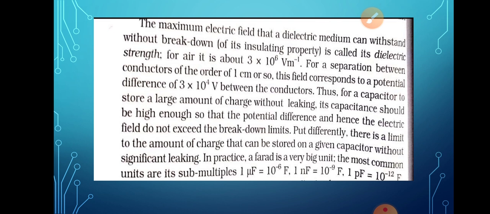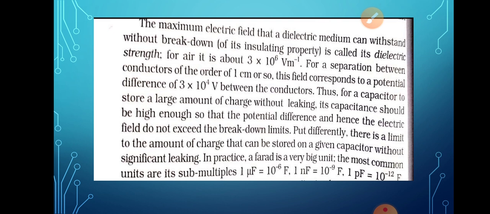That means the charge will store between the two plates until the electric field becomes 3 × 10 to the power 6. As soon as it reaches this, the charge will start leaking, and that is called the breakdown limit.